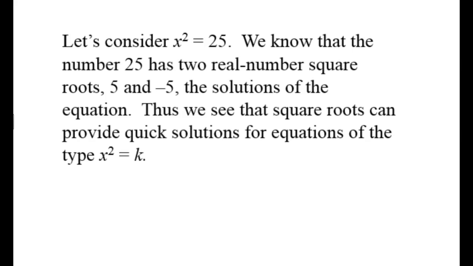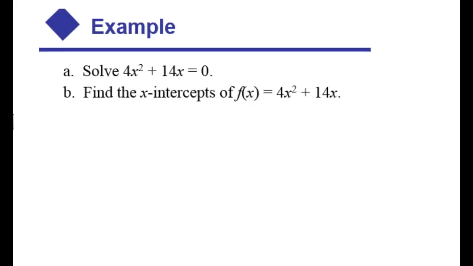This is just another example where if you take the square root of both sides here, we're just going to get plus or minus 5 for solutions. So if it's not in that form, then we have to do a little bit different method. I'm going to try to factor this and then set each factor equal to 0. So I see from here the greatest common factor is 2x. So I'm literally going to divide each term by 2x and factor that out.